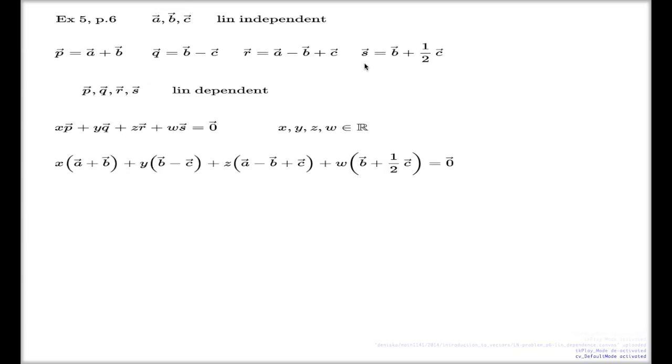Now the next step I suggest is rearranging the terms in this expression, so that all A vectors are in one place, all B vectors in one place, all C vectors in one place.